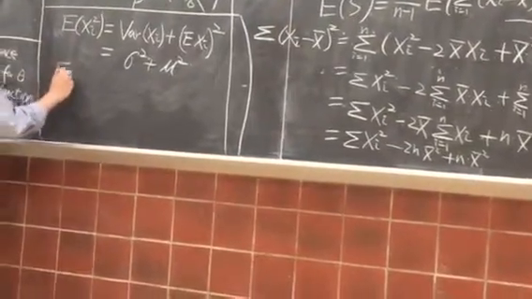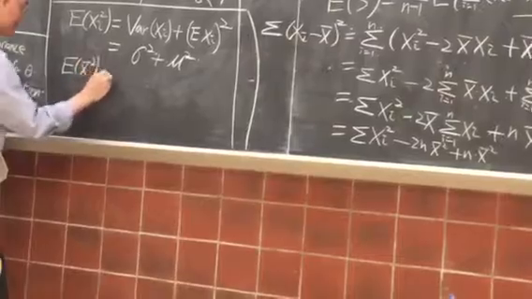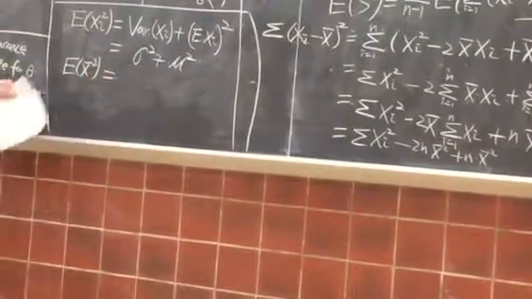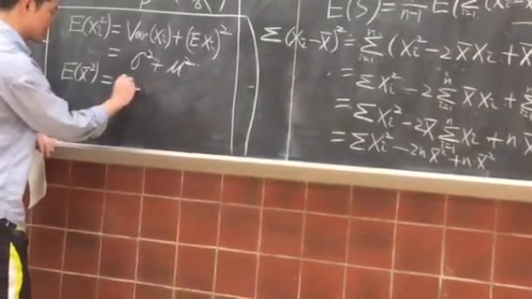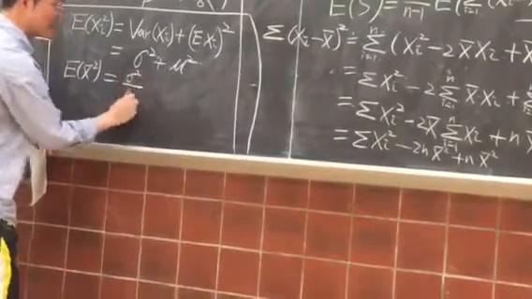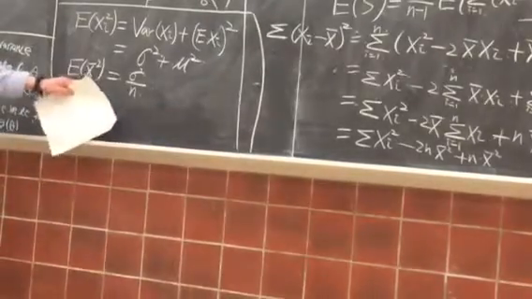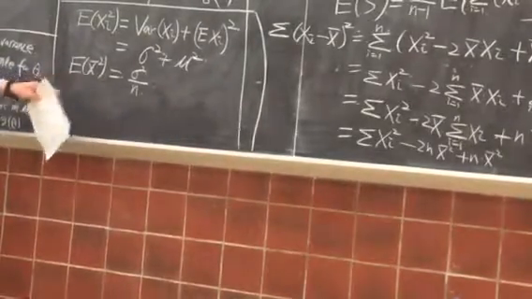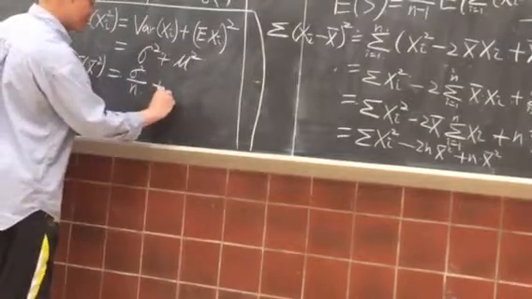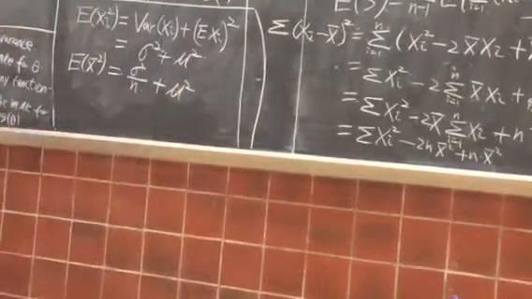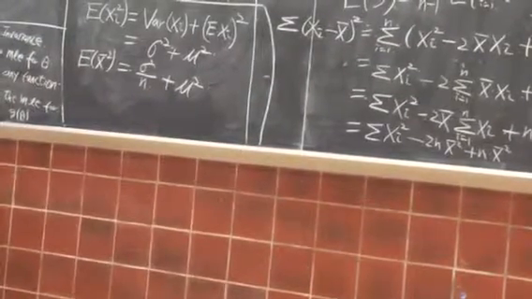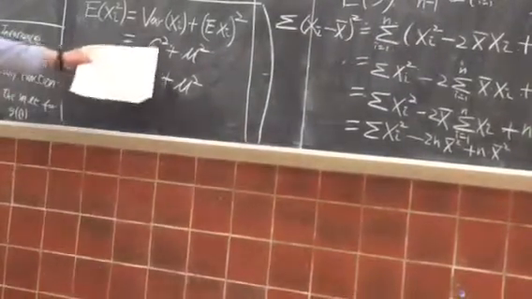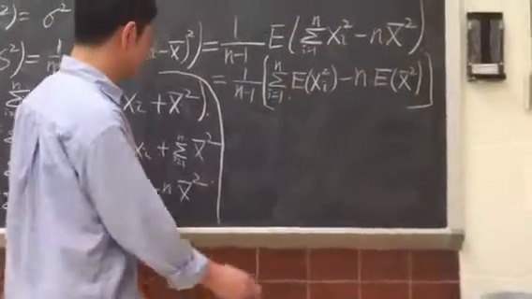And by the same token, E x bar squared is the variance of x bar, which is sigma squared over n, plus the square of the expectation of x bar, which is mu. Okay. And then you plug these two things into this term.